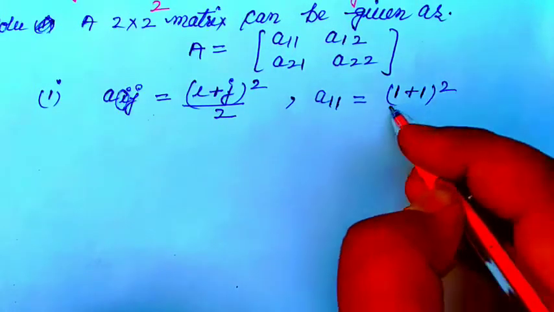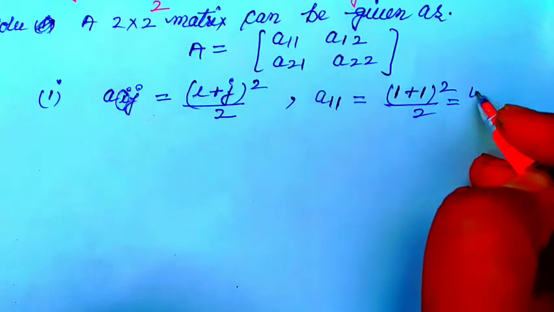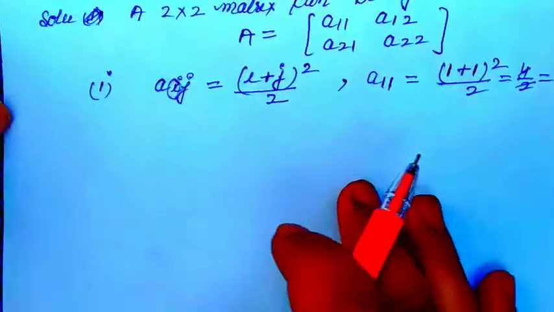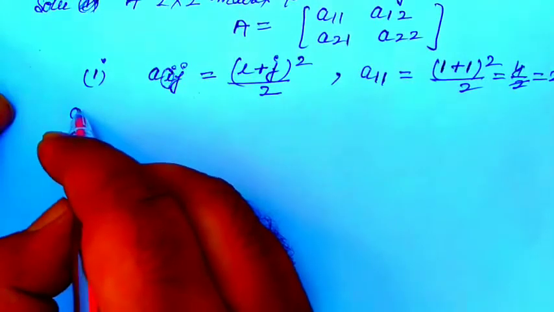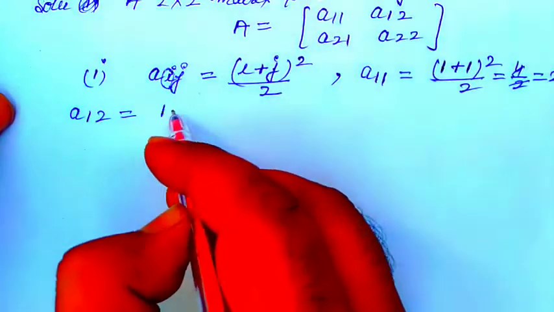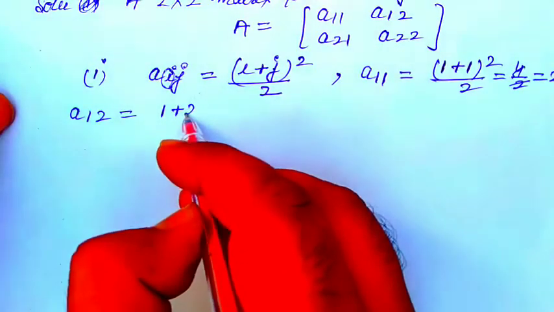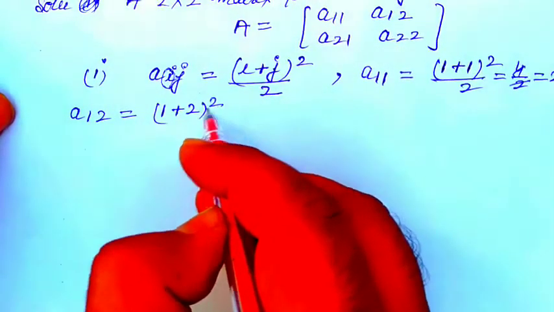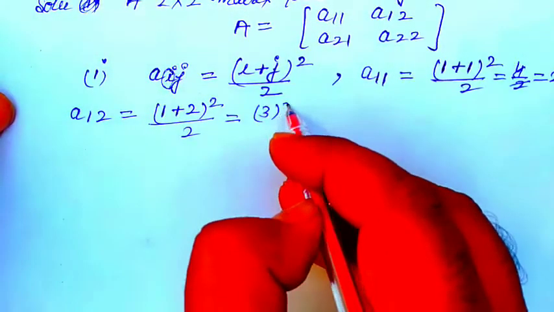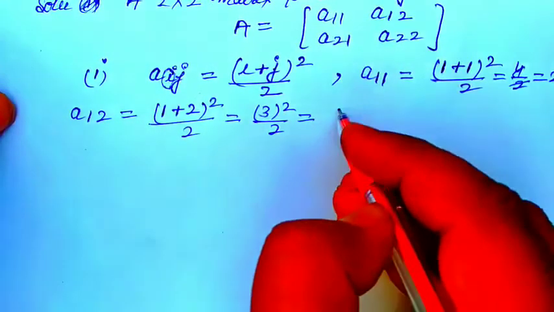So we get 4 over 2, which is 2. Similarly we can find A12. We put 1 in place of i and 2 in place of j. So we get 3 whole square over 2, which is 9 over 2.